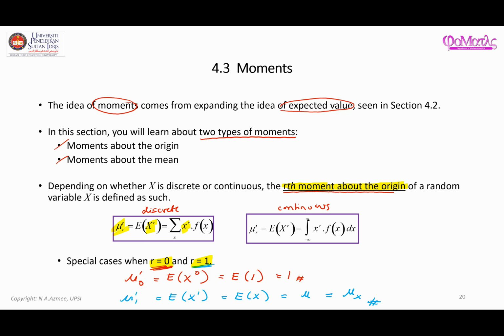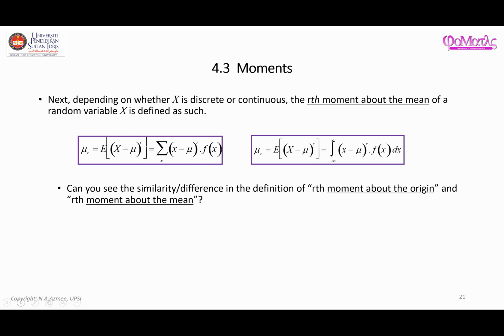Now let's move on to the next definition: the rth moment about the mean. If you look at the formula given below, when you talk about the rth moment about the mean, you are considering the random variable x, and you subtract the mean of that random variable.